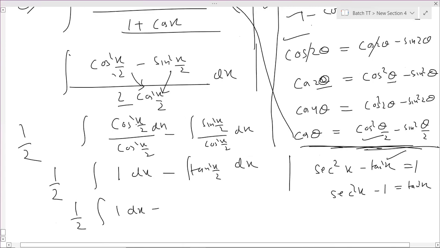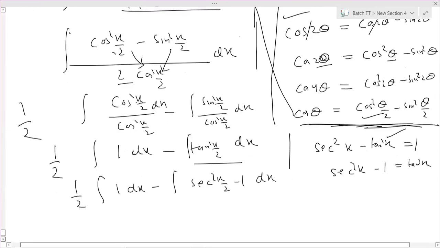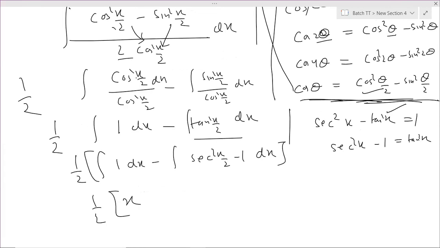All right. So tan square x by 2 you can write as sec square x by 2 minus 1, dx. Again you can separate this integration. So half, and this big bracket is half. Half the integration of 1 dx is x, minus the integration of sec square x by 2. Integration of sec square x.